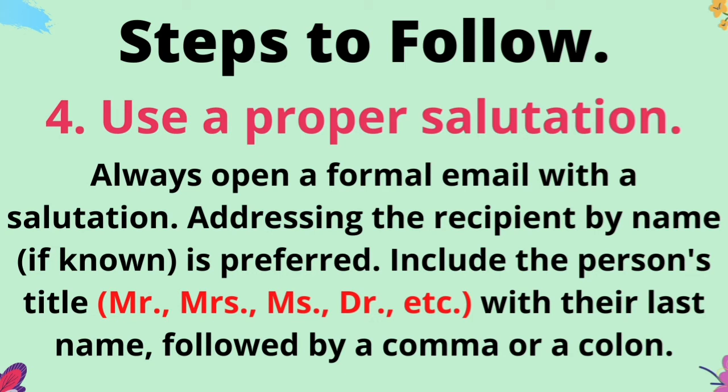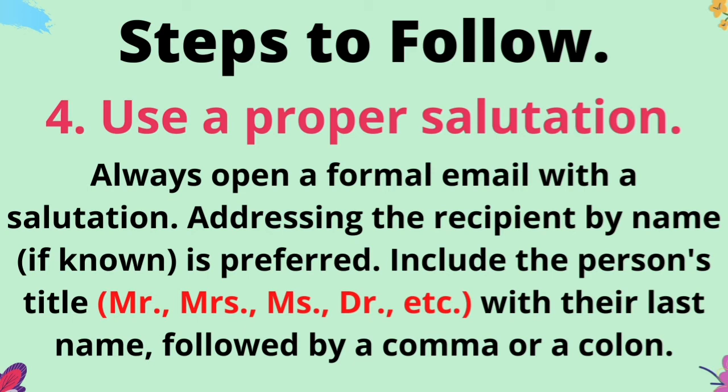Step number 4, use a proper salutation. Always open a formal email with a salutation, addressing the recipient by name if you know their name. Include the person's title, Mr., Mrs., Miss, Doctor, etc. So you use their title along with their name, followed by a comma or a semicolon or a colon. Okay?